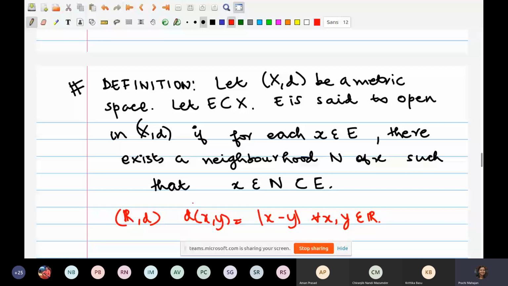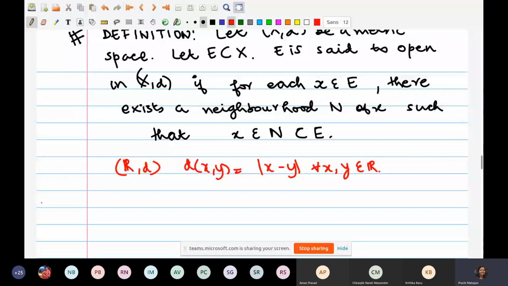So that is why we say E is open in the metric space (X, d). Anyways, let's see some examples, and hopefully you will all agree with what I'm trying to say.